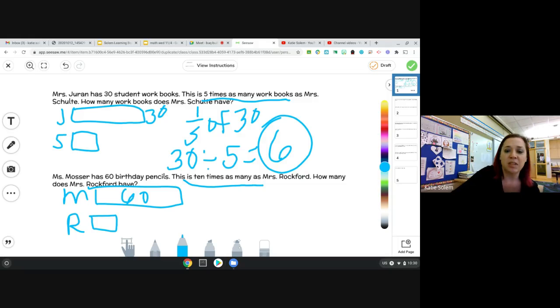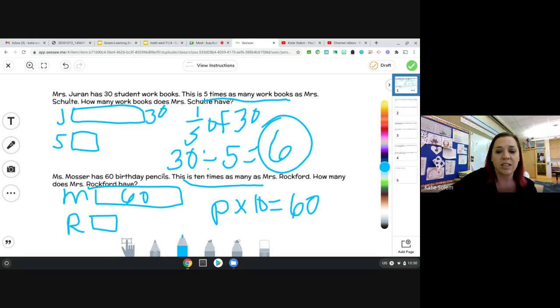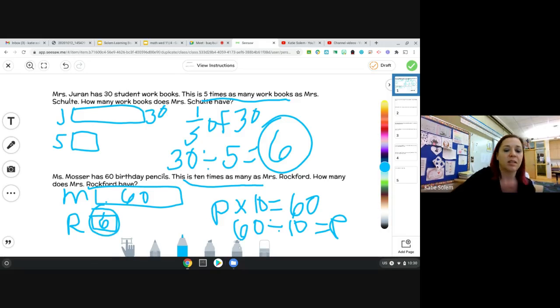So something, I'll say pencils, times 10 is going to equal 60, or 60 divided by 10 is going to equal pencils. So how many pencils does Mrs. Rockford have? Well, how many 10s are there in 60? The answer would be 6.